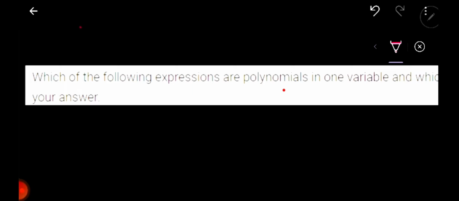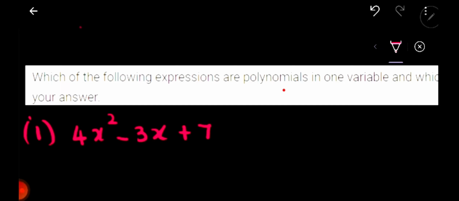The first one is 4x squared minus 3x plus 7. We have to check whether this expression is a polynomial in one variable or not.